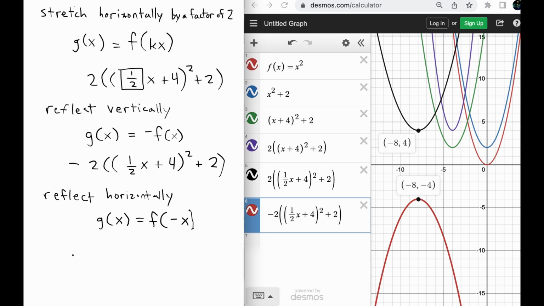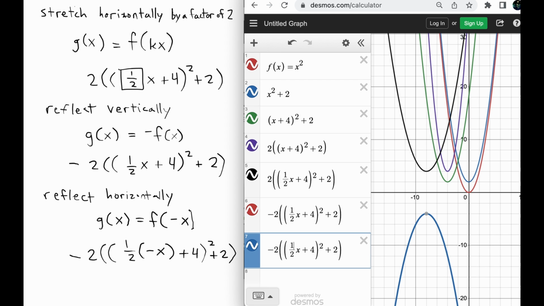So I would take my function that I had in the previous step, and I'm going to take that x and replace it now with a negative x. And if this works, it'll reflect our function across the y-axis now. There we go.